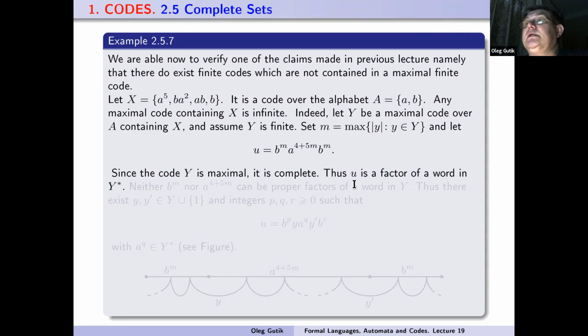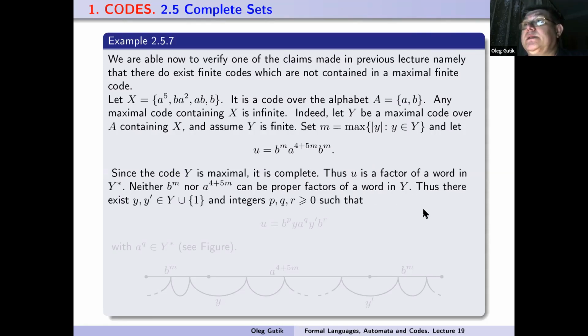Therefore, we get that the word u is a factor of a word in the monoid Y*. Neither b^m nor a^(4+5m) can be proper factors of a word in Y.